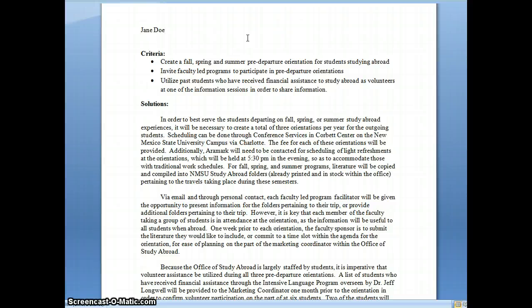And the way we do that is we take our problem memo and then we add the solution section. And with these two put together, we add our research and audience analysis to document the problem and to help us understand the final solution.